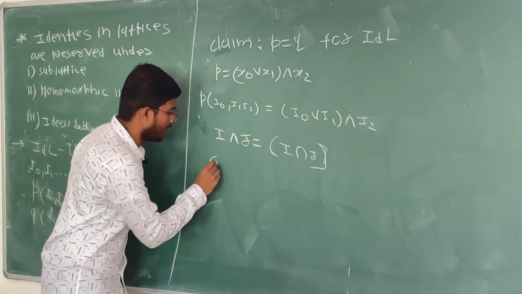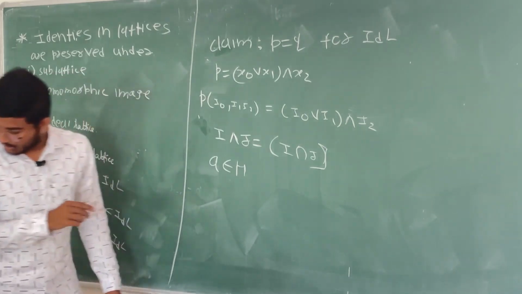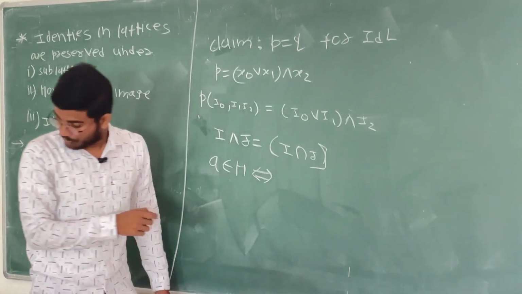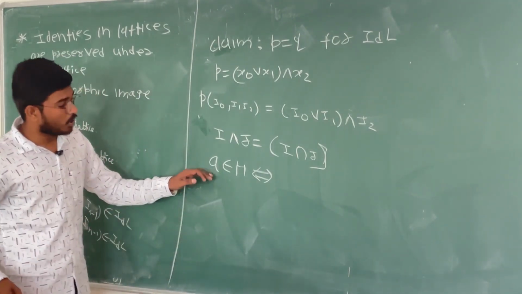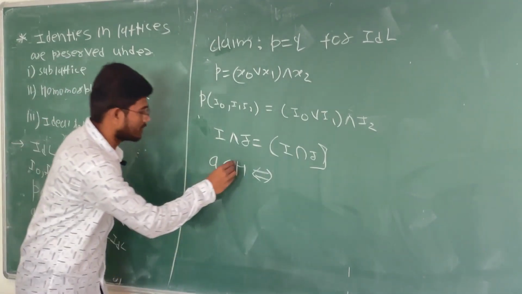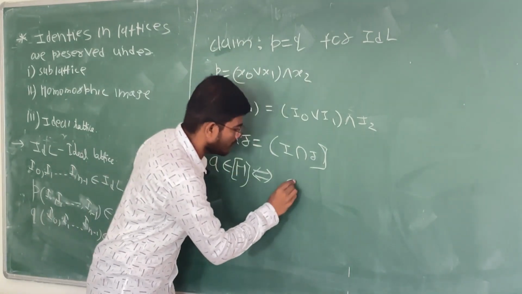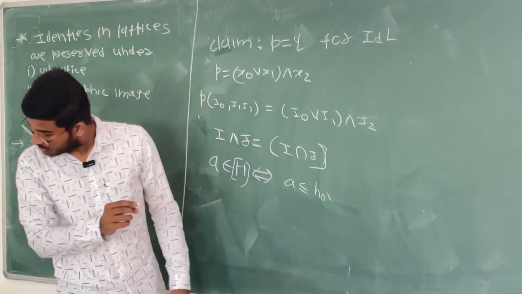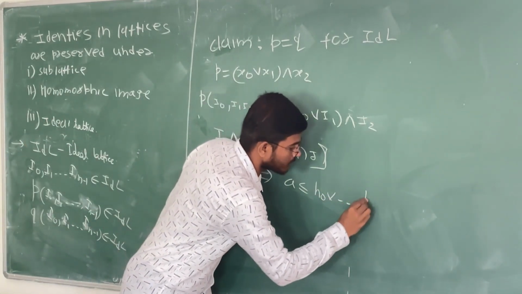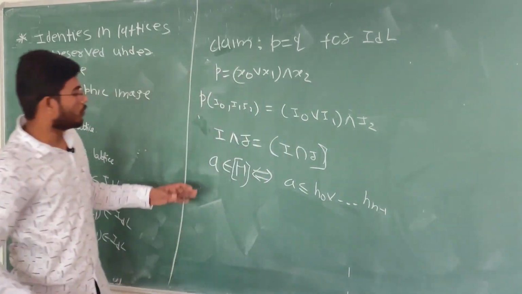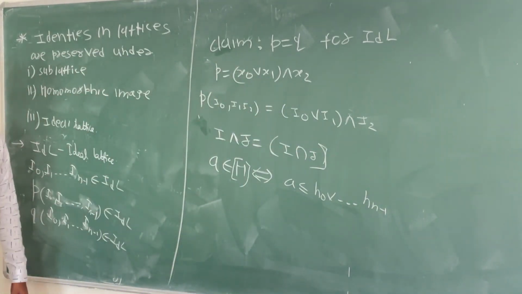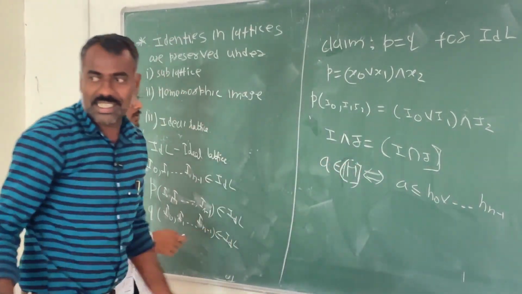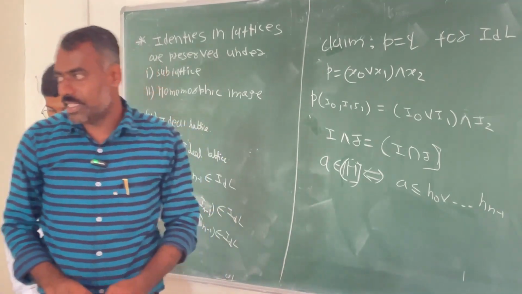We take an element A belonging to H, if and only if A is less than or equal to H0 join up to H n minus 1. This is not a square bracket; one side it is open and the other side it is closed. It is the smallest ideal containing that H, right?